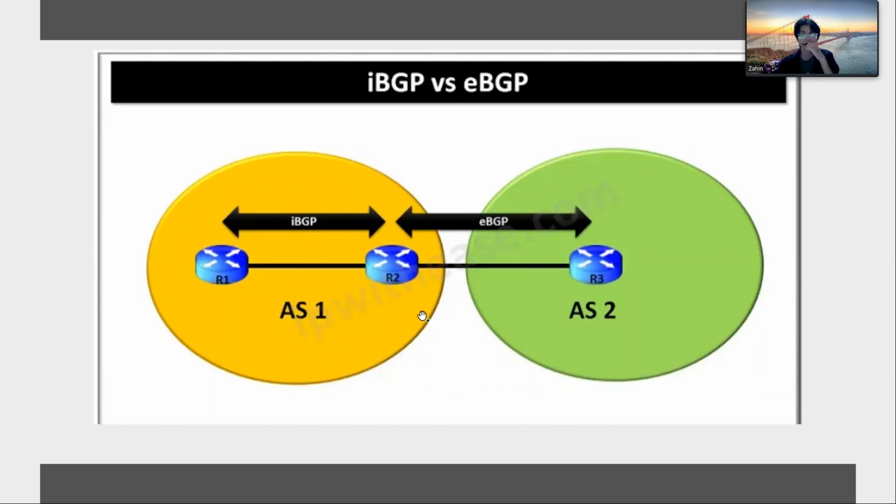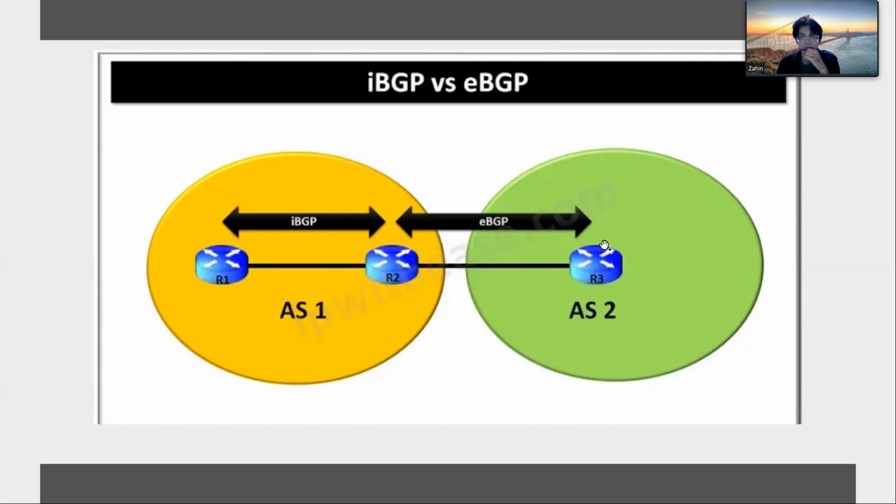And as we can see here, this is the graphical representation of iBGP versus eBGP. There are 3 routers, router 1, router 2, and router 3. The circle here represents the AS, or autonomous system. Router 1 and router 2 are internally connected in AS1, while router 3 is not internally connected with the two of them, and it is standalone in AS2.